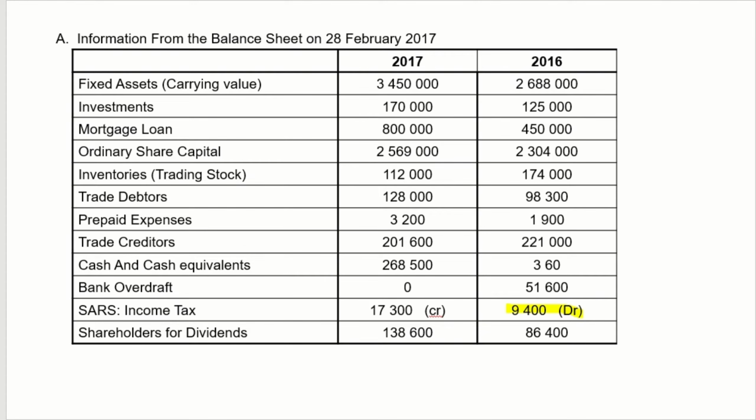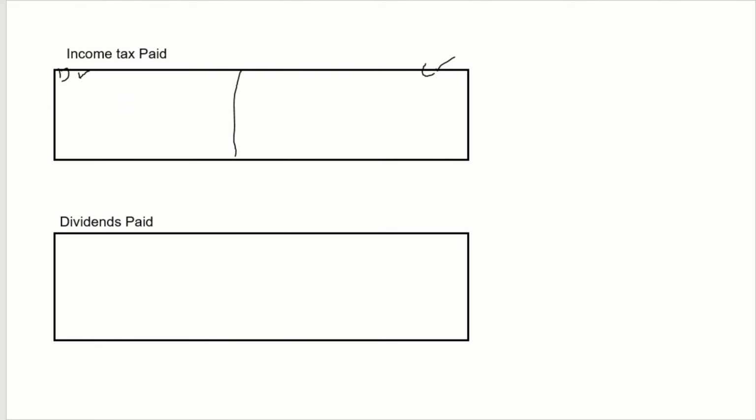So you're going to come on the T account on the debit side to input the 9,400 rands, just as I did here. You don't need to reference it with the contra accounts. You just have to write the amount. If it makes you feel comfortable writing the contra accounts, please do so.